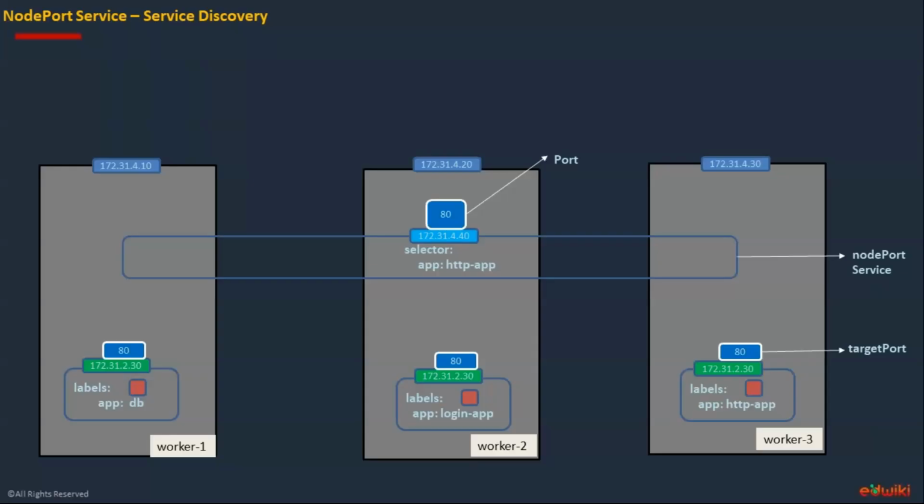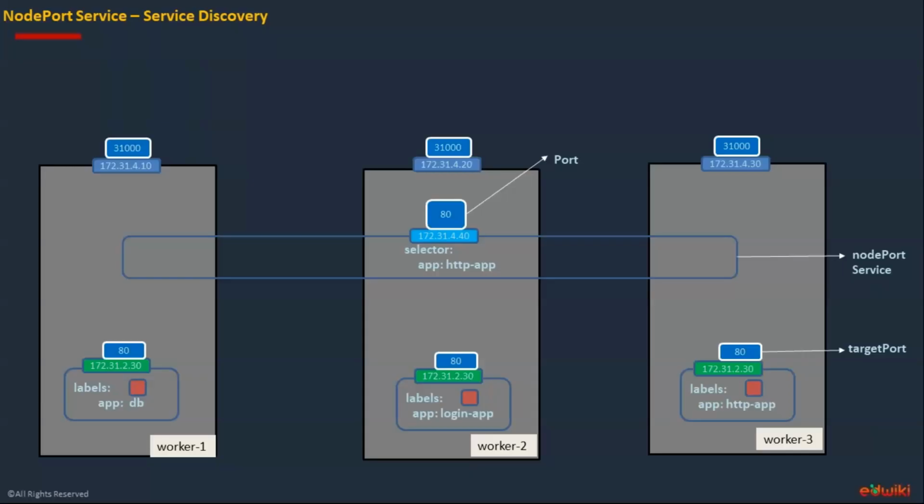But how will the traffic come from outside to the service? That is where every worker node must be listening on a specific port number. That is what I'm referring to as port mapping now.